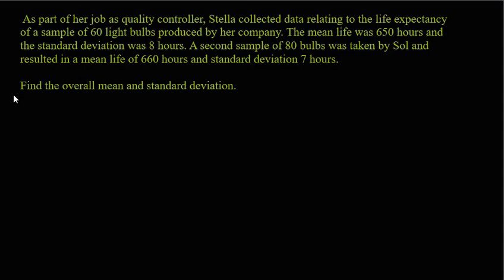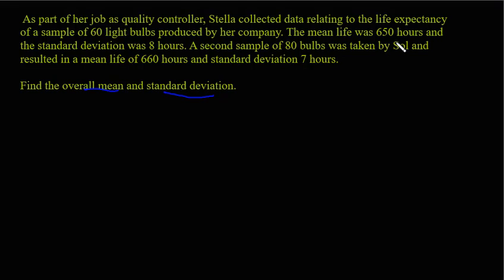Now we will move on to a question so we can understand more about mean and standard deviation. As part of her job in quality control, Stella collected data relating to the life expectancy of a sample of 60 light bulbs produced by her company.